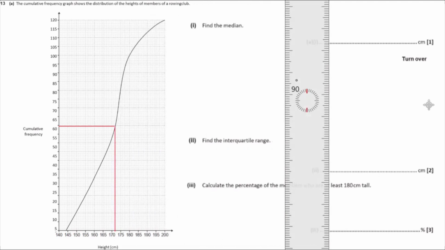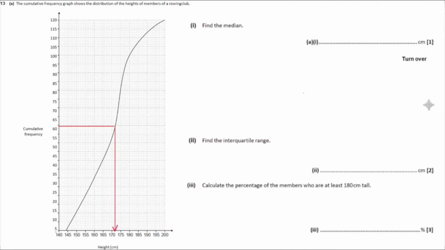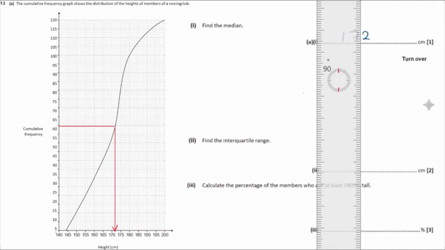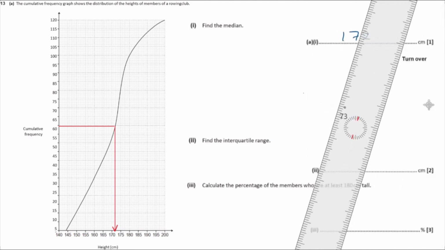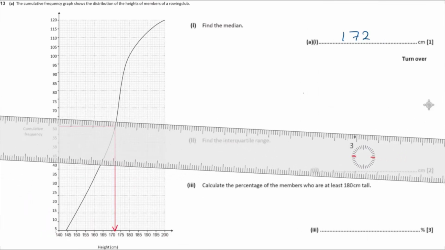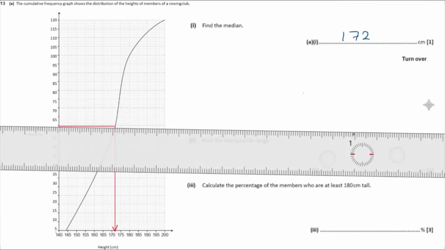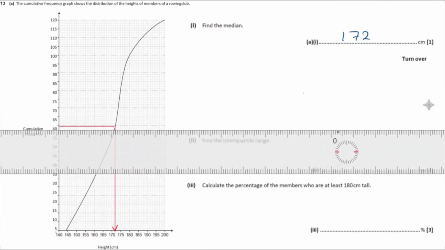Now I make that around about 172 centimeters. 172 centimeters. Now the interquartile range we can do in a similar way. So 60 was halfway through my data, so the quartiles lie 1/4 and 3/4 of the way through.